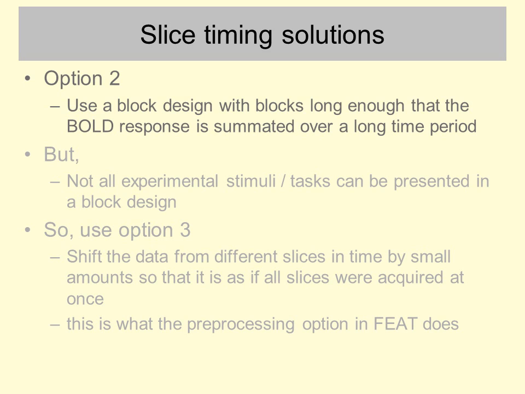So another option is just to design your experiment in such a way that the 1.5 second shifts in activation peaks that are caused by the slice timing problem are not a problem for you. So basically, if you have a block design with quite long blocks, for example 20 seconds, then it just won't make much difference, and your model fit won't be negatively affected by the slice timing problem, so you can just ignore it and not correct for it.